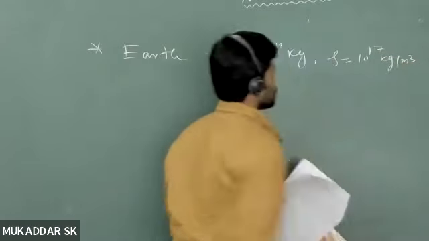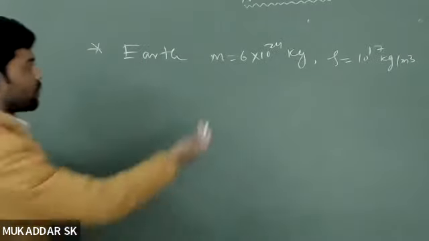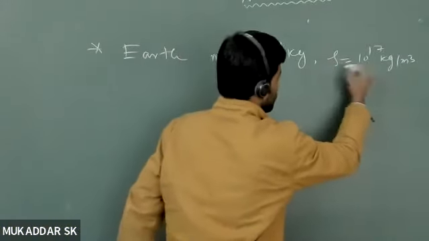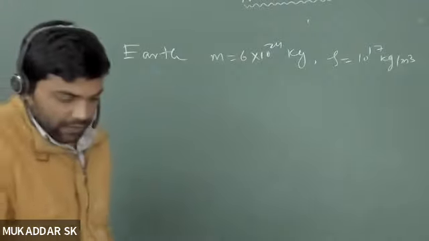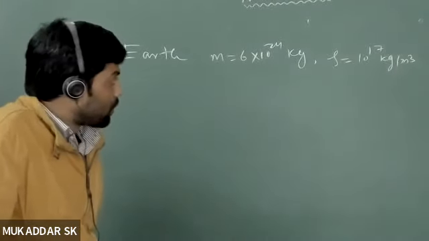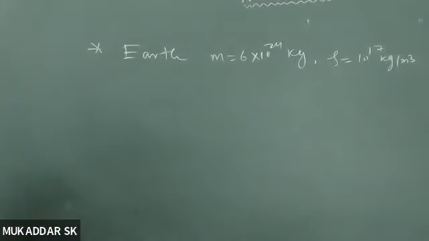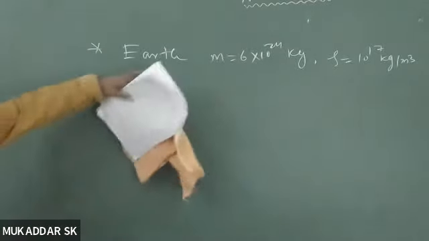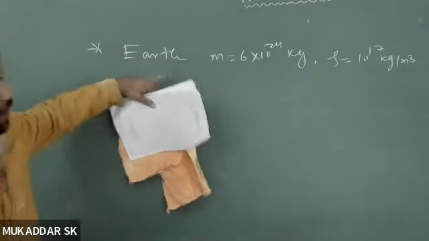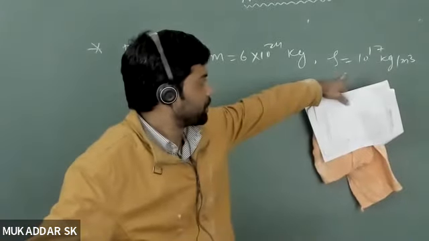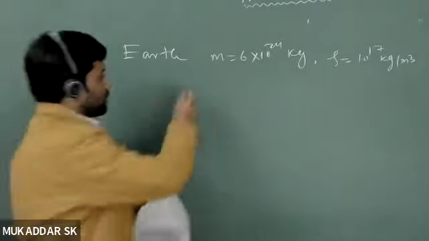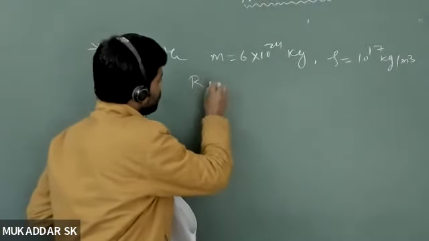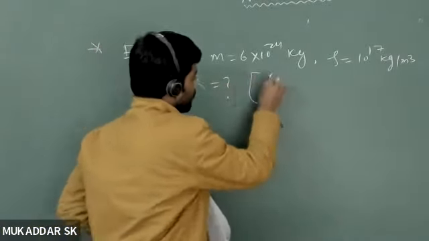Now it is said that if the density of earth is the same as the density of nucleus, then what will be the radius of earth?